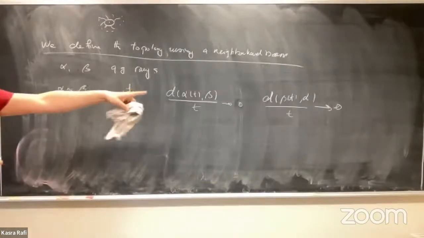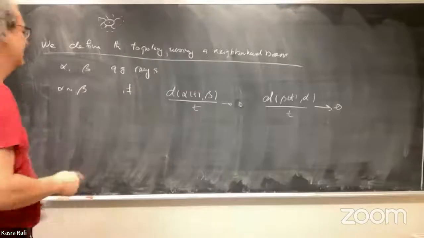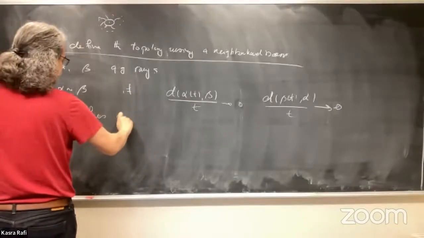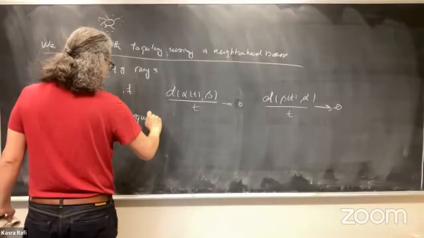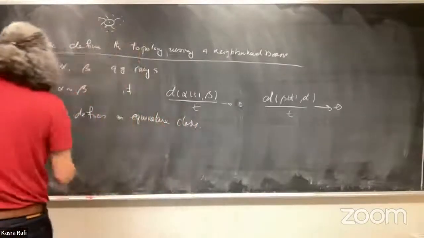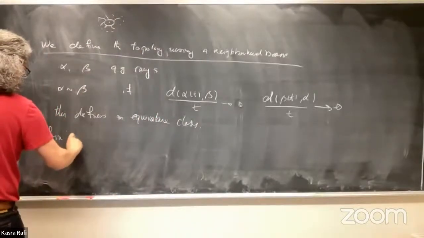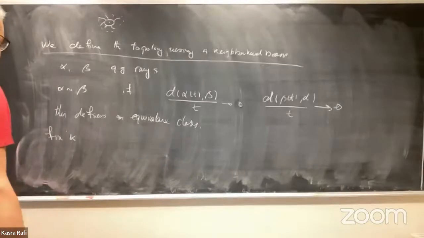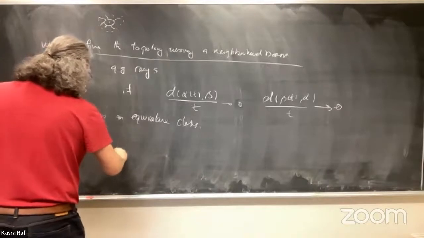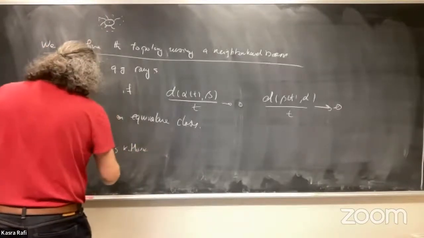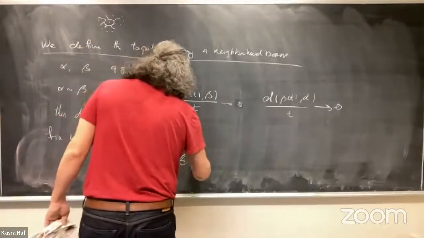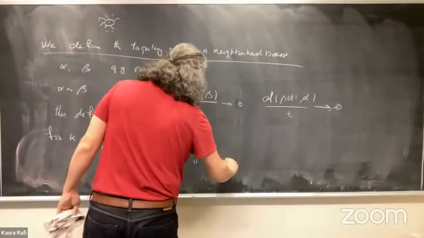So it's clearly symmetric and transitive, right? So this defines an equivalence class, and now I can fix my kappa, and then I notice something very interesting: if alpha is kappa Morse, and if alpha is in the same class as beta, then beta is kappa Morse.